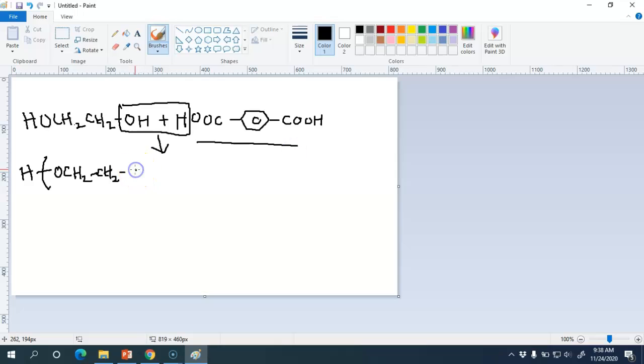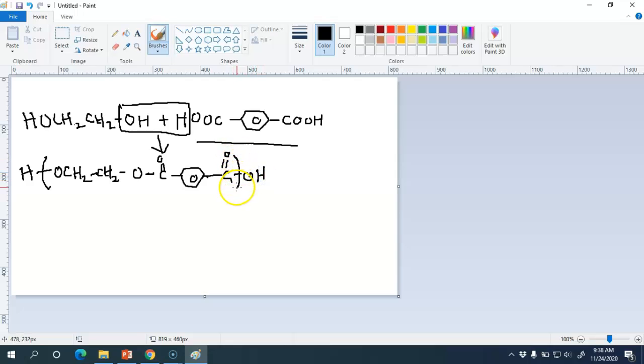O, so we have C double bond O. It is okay if you want to write it like this, and with the ring structure here, and continue with COOH.